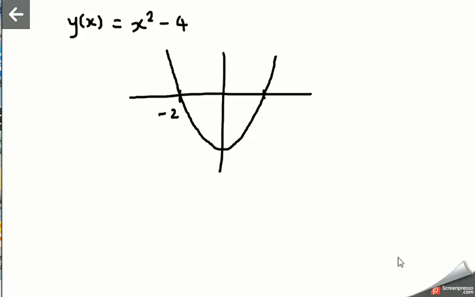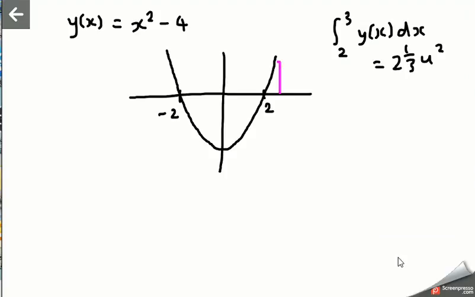We found the definite integral from 2 to 3, and we got 2 and 1/3 units squared, as expected, because we can see this area is of course positive.